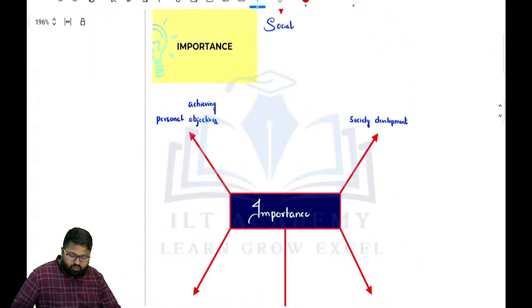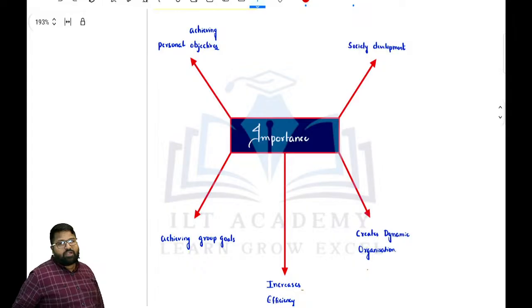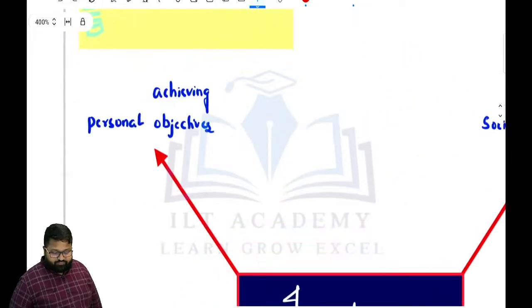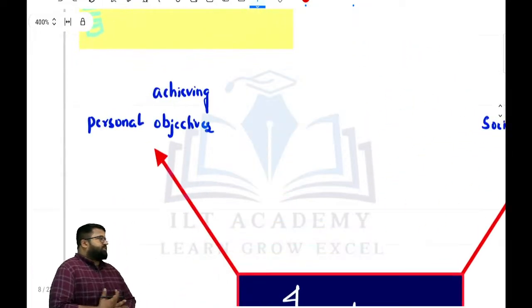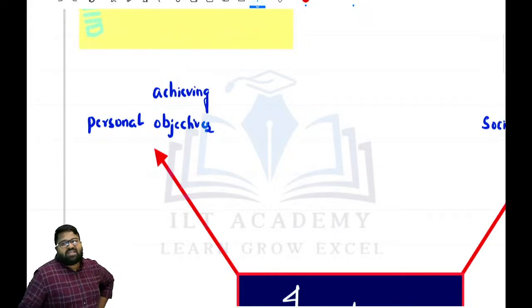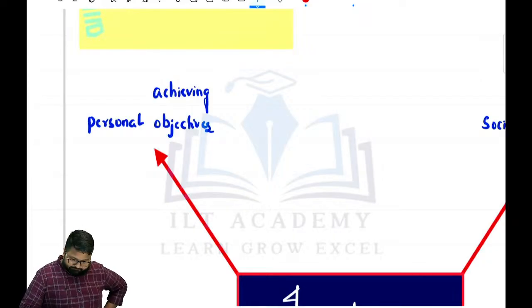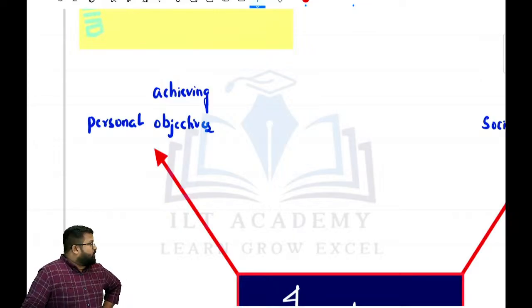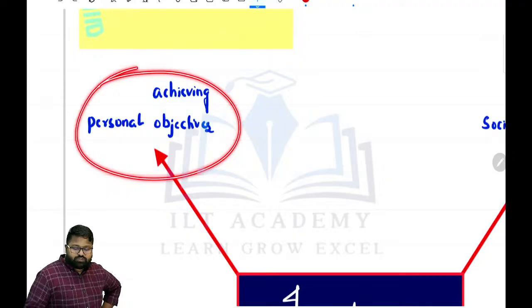When we go with importance, there are totally 5 important points. Third one is importance of management. What is the first one? What type of objectives?